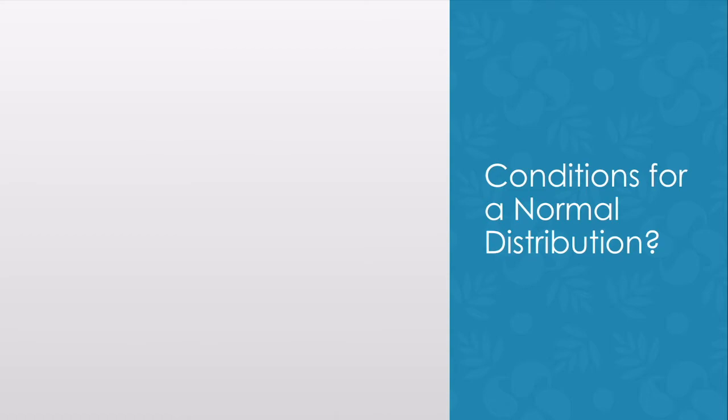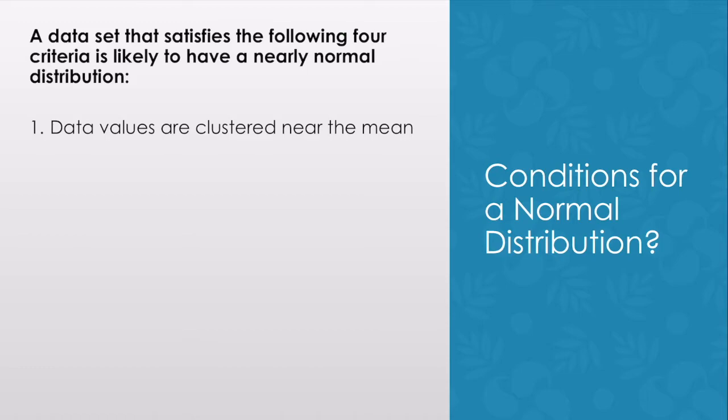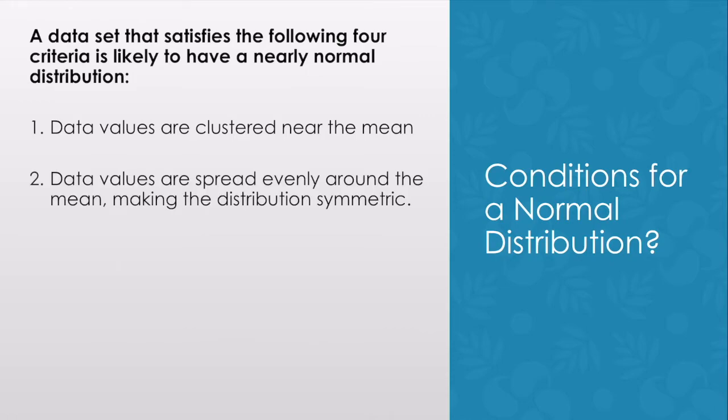So what are the conditions we need for something to be a normal distribution? A data set that satisfies the following 4 criteria is likely to have a normal or nearly normal distribution. First, our data values are clustered near the mean. Second, they're spread evenly around the mean, making our distribution symmetric.